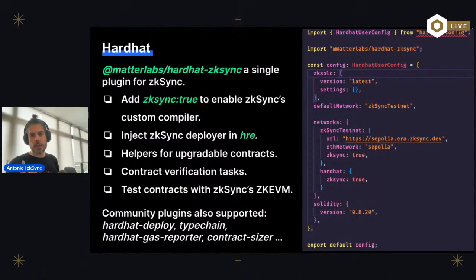With this plugin, you also get a lot of helper methods to create proxies, like Transparent, UUPS, and Beacon proxies that are compatible with ZkSync. You also get contract verification tasks out of the box. And obviously, any other community plugins for Hardhat, like TypeChain, hardhat-deploy, Contract Sizer, etc., just work out of the box with ZkSync.